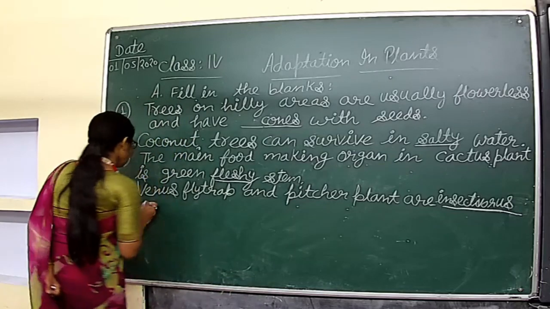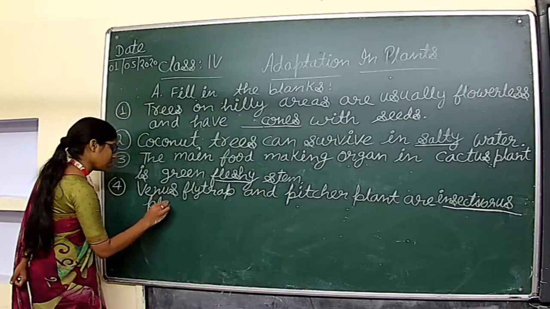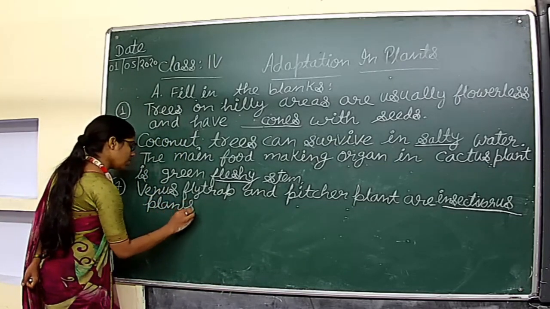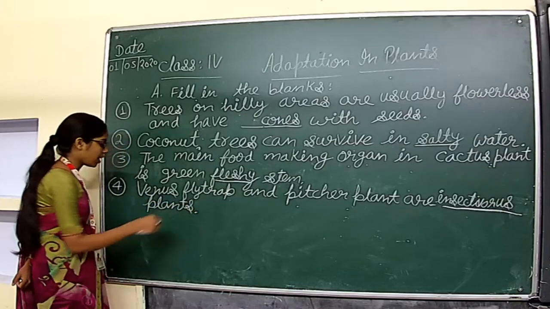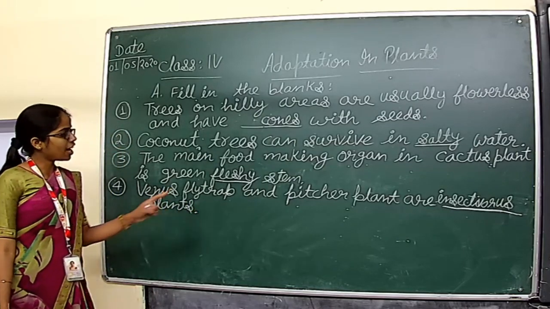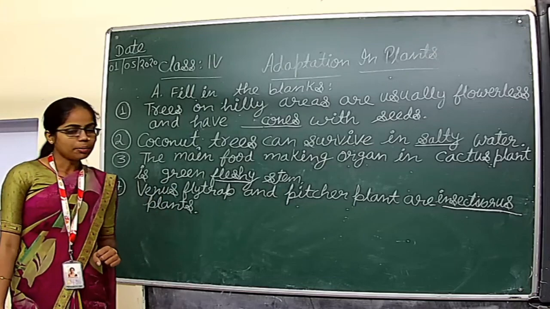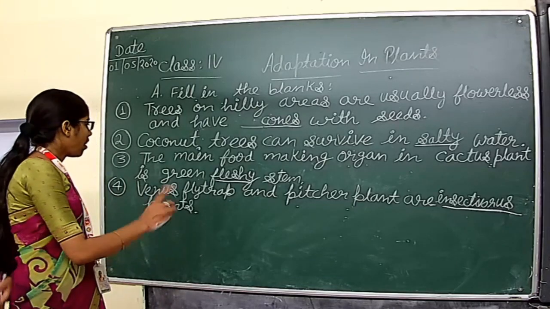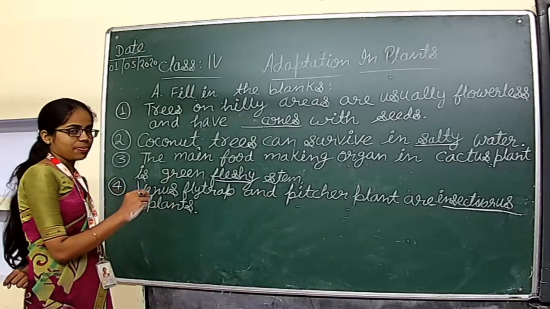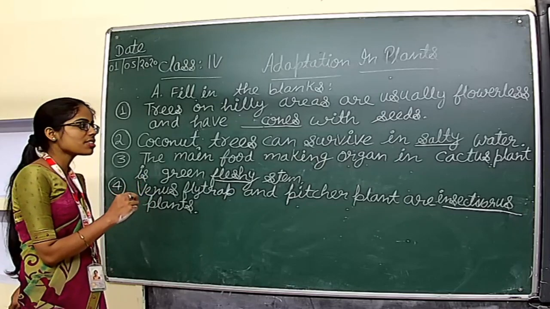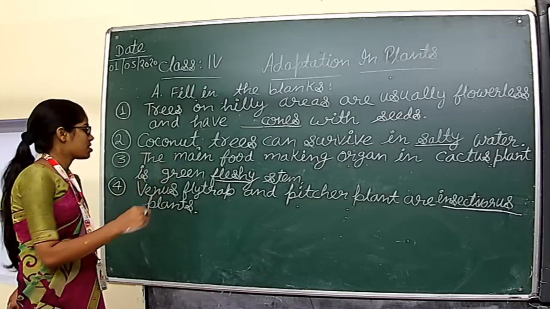Insectivorous plants. Once again I will tell. Venus flytrap and pitcher plants are dash plants. The answer for this question is insectivorous.